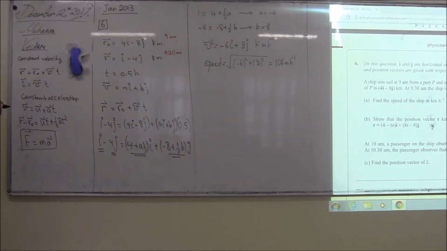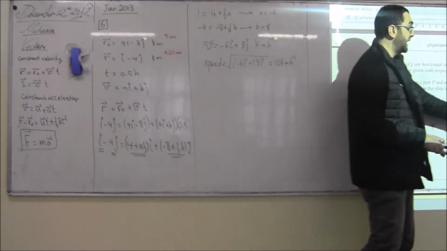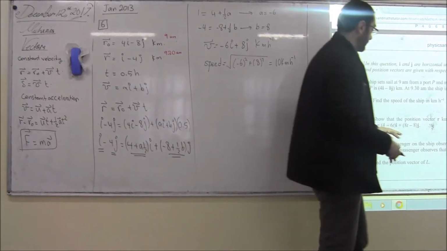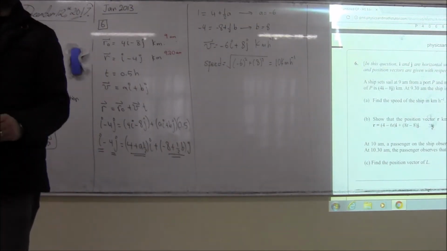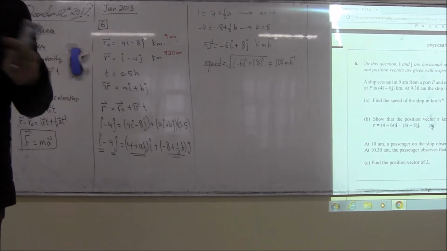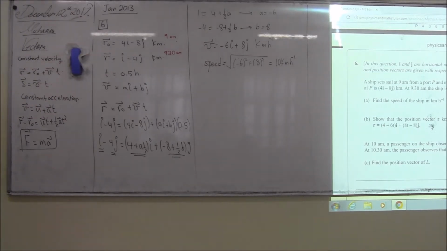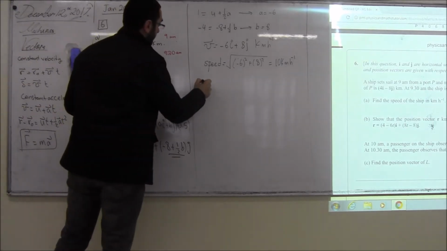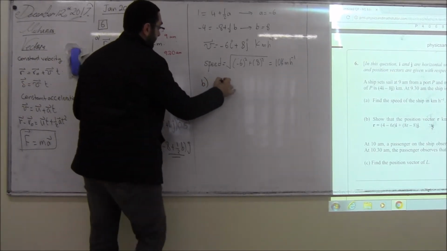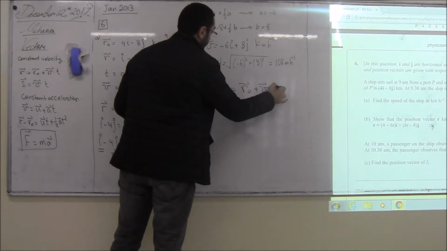B, show that the position vector r kilometers of the ship, t hours after 9 a.m., is given by this. What does this mean? I have to find the final position in terms of t, or the general expression of the position in terms of t. Like what we did in the previous question, r equals r naught plus vt.